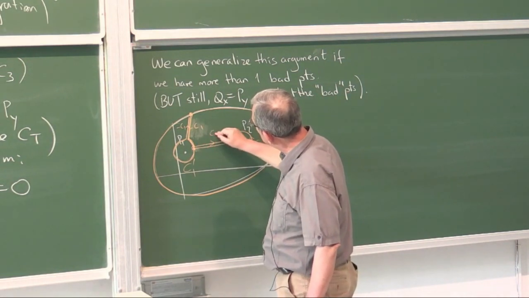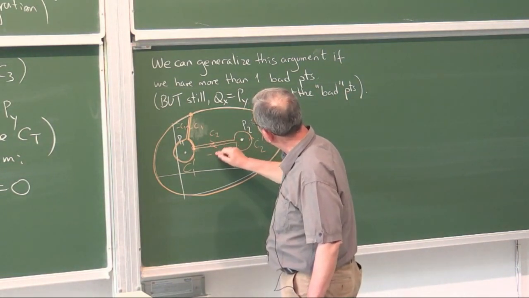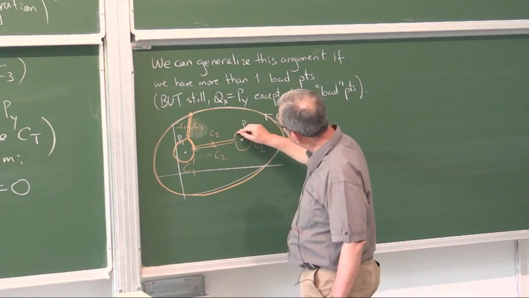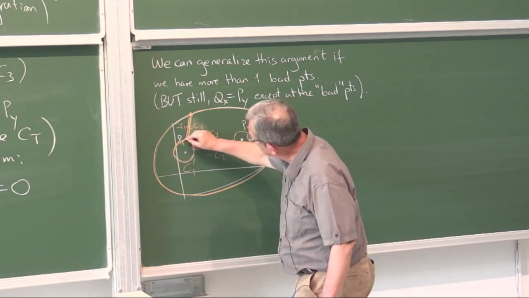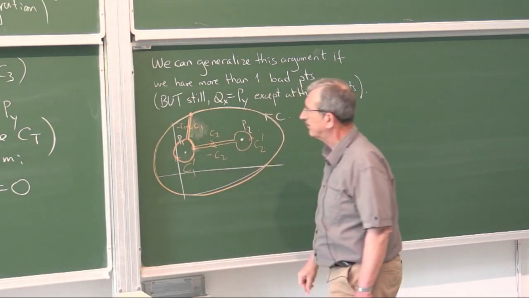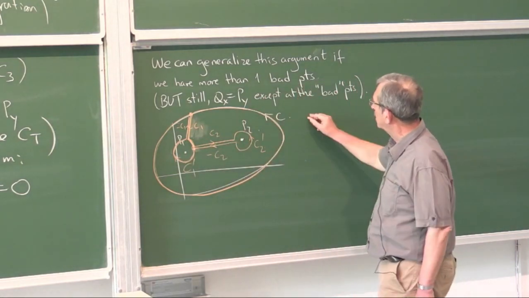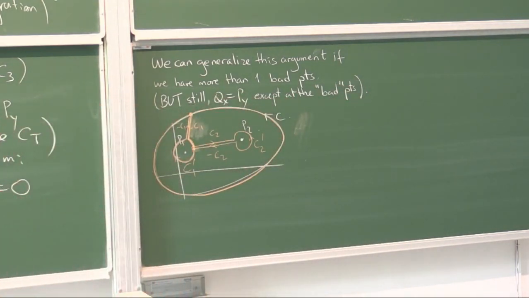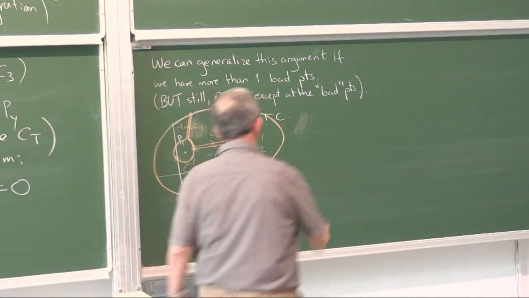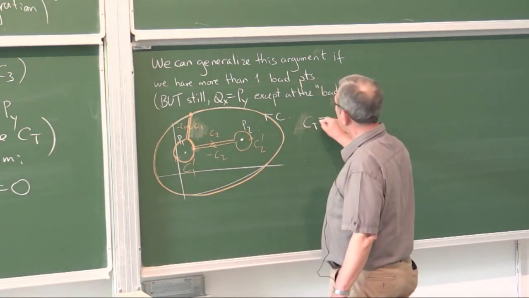This would be some C2. This would be minus C2. And then I will go around this, come back, and continue this way. So, CT, I'm just repeating the same argument with two bad points. So, CT would be the following.